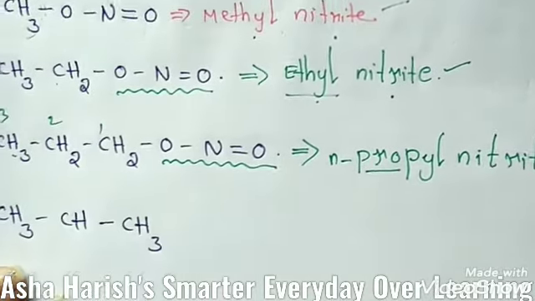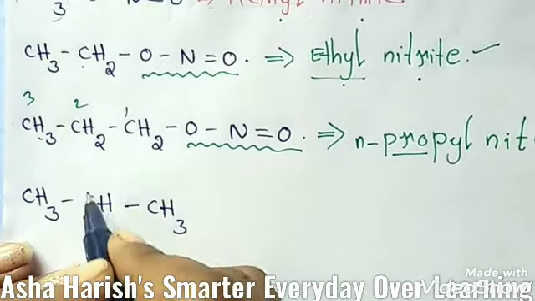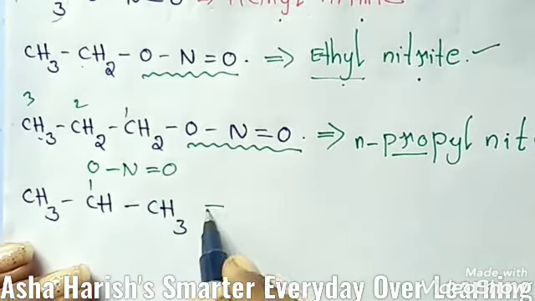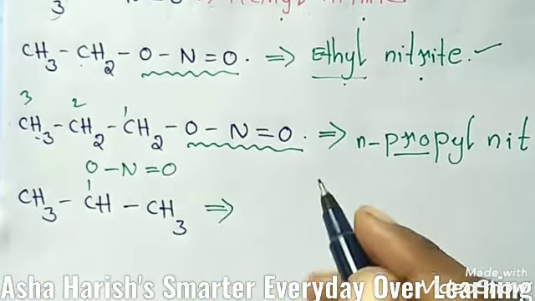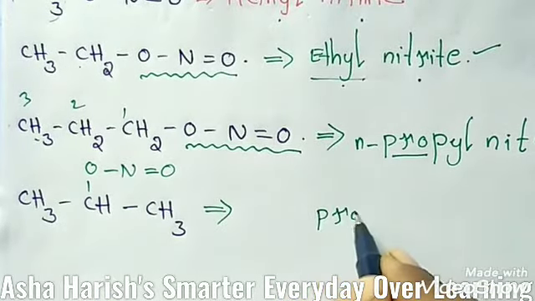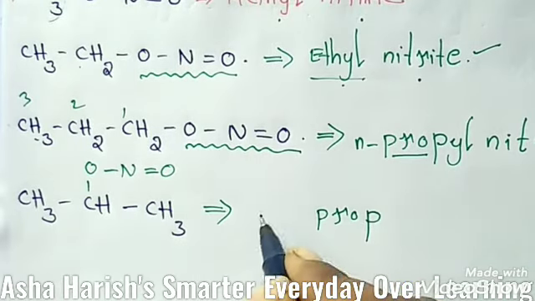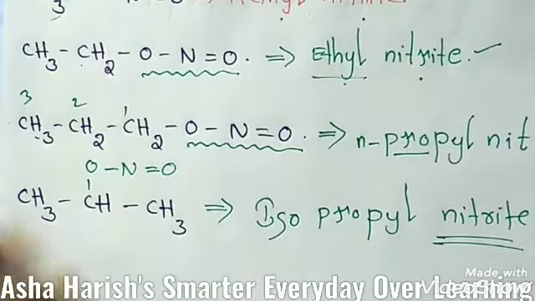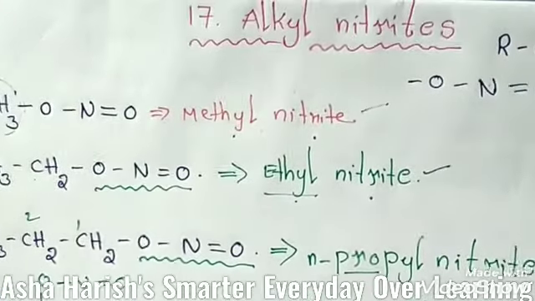And see the next example here, CH3CH O N double bond O, here one CH3. We can call it, with 3 carbons, students, the root word is prop, propyl nitrite. Okay, these are the examples of alkyl nitrites.